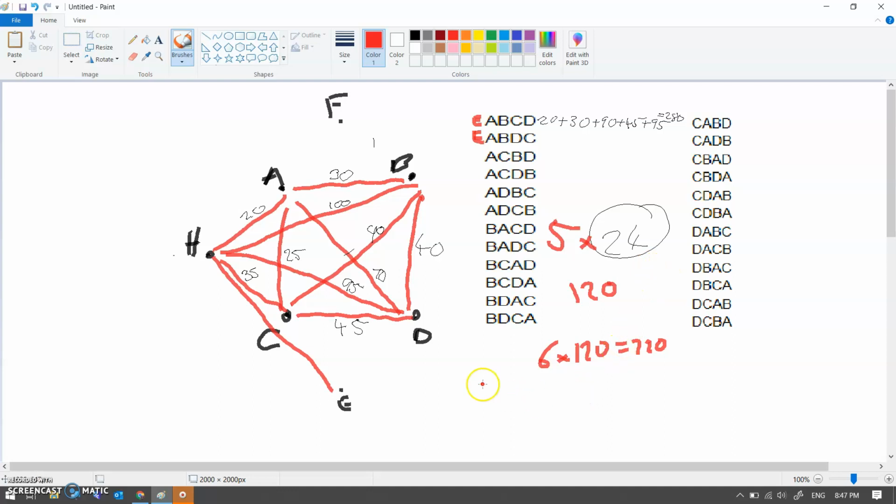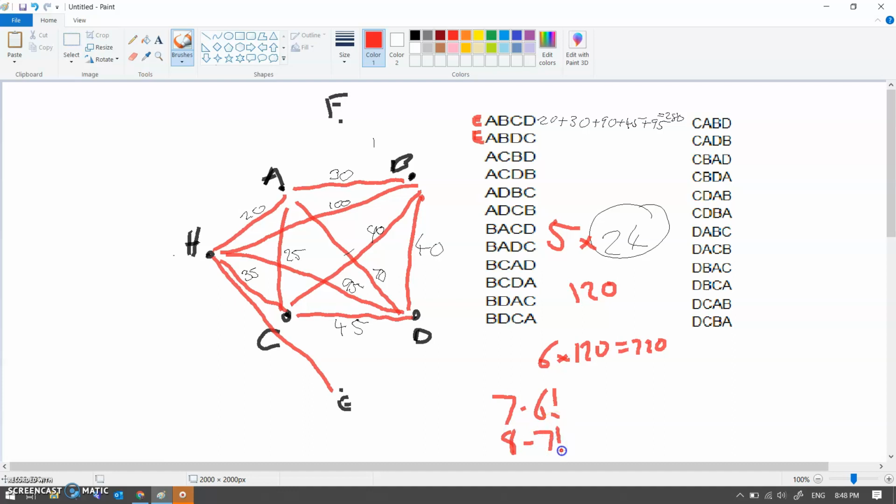So for, let's just see, A, B, C, D, E, F is 6 cities, isn't it? So for 7 cities, you do 6 factorial. Excuse the terrible layout here, never mind. And of course, then for 8 cities, that's right, it is 7 factorial, etc.